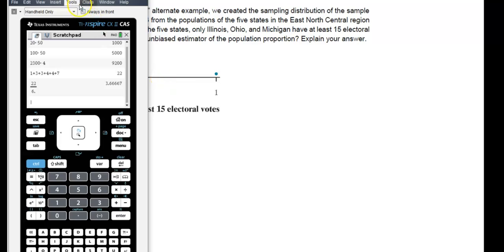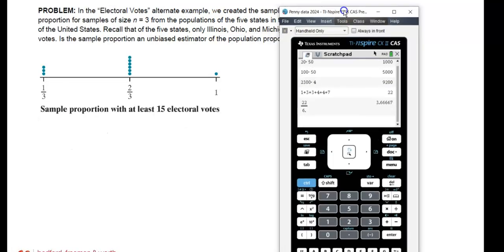So you would add up all those values. Instead of typing 1/3 three times, I'm going to say 3 times 1/3, plus 6 times 2/3, plus 1, which is 6. Now there's a total of 10 values, so divide by 10.